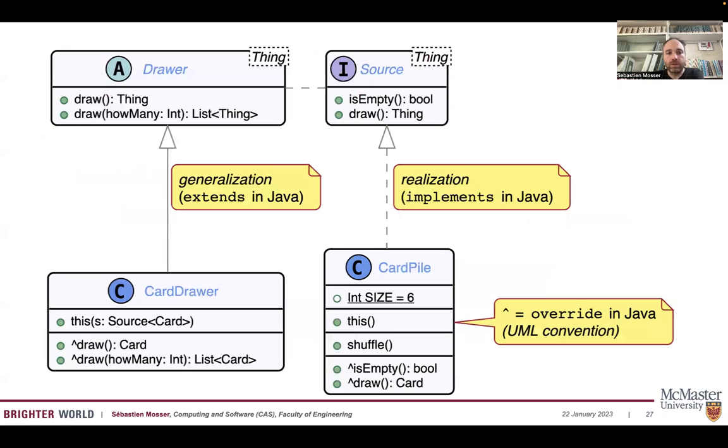So the implementation in terms of Java, in terms of UML, it's here where you have a huge difference between the notion of generalization, which is basically inherits in Java. So it's extension, it's extends, and the realization of an interface, which is basically an implementation. Okay, so the card pile is an implementation of the source interface, and the card drawer inherits from drawer. Drawer is a generalization of card drawer.